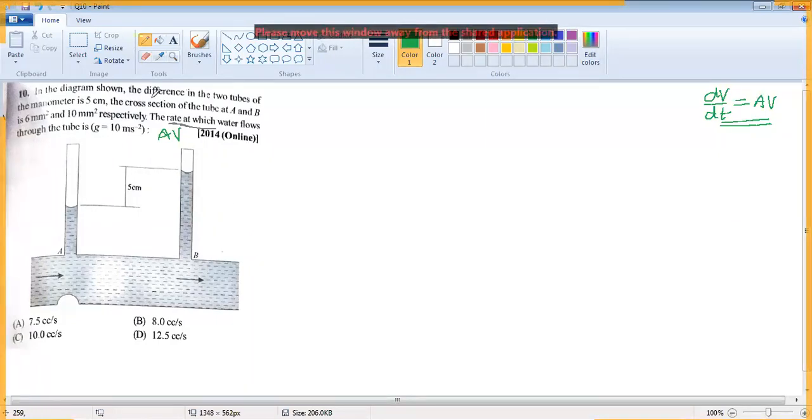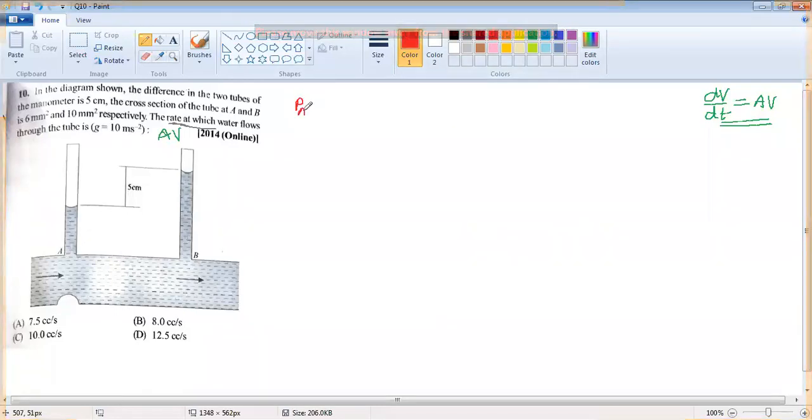The difference in the two tubes of the manometer is 5 centimeter. The rate at which water flows through the tube is given by the area ratios actually. So this is the basic principle where you can apply Bernoulli's equation. So what is Bernoulli's equation?